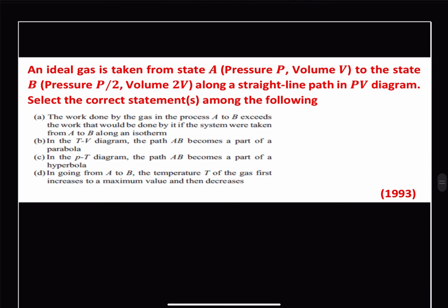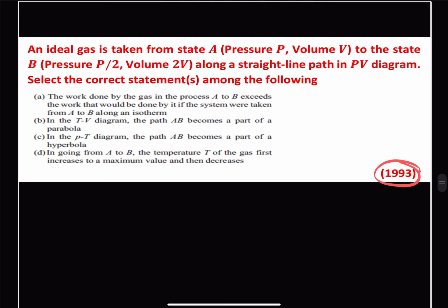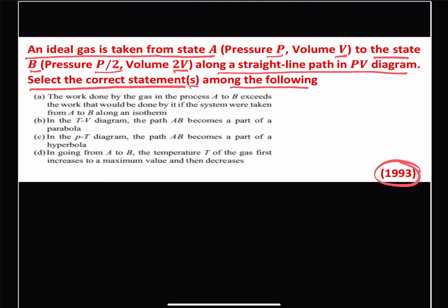It was asked in the year 1993, and it states that an ideal gas is taken from state A, pressure P, volume V, to a state B, pressure P by 2, volume 2V, along a straight line path in a PV diagram. Select the correct statement or statements among the following. So basically this is a straight line.